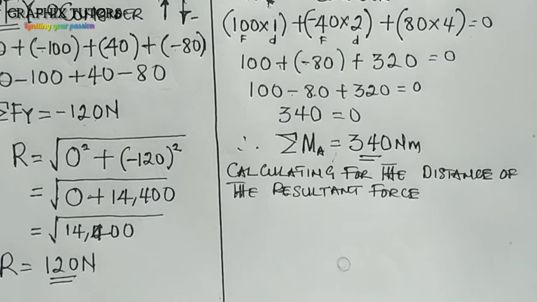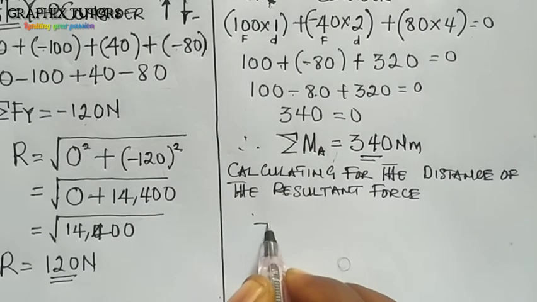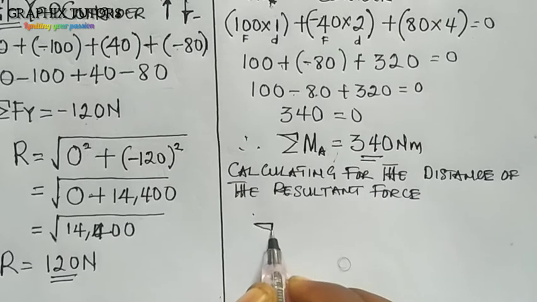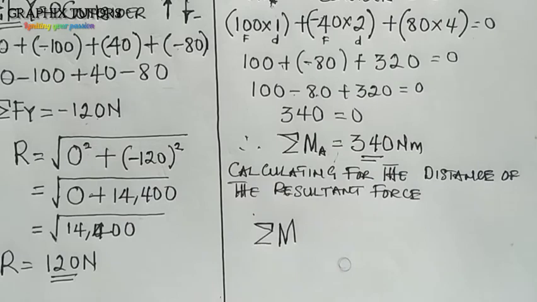Varignon theorem says that the sum of moments of all the forces will be equal to the moment produced by the resultant force.